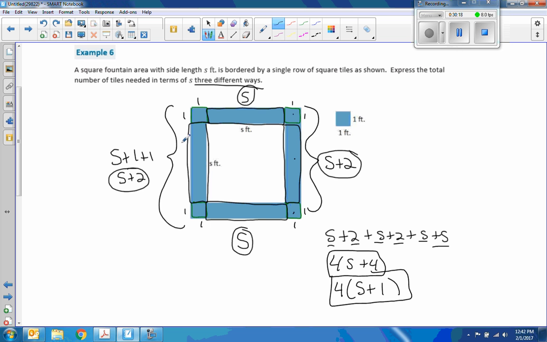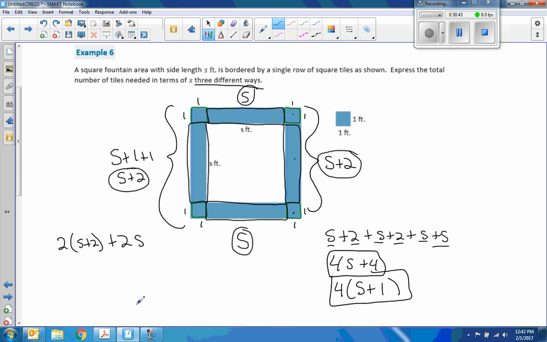Okay. One other way is I could take the s plus 2's, and I'll do it over here. There's 2 of them. Like this, s plus 2 is here, and s plus 2 is here. 2 times s plus 2, plus 2s. Okay, that's different than these two.